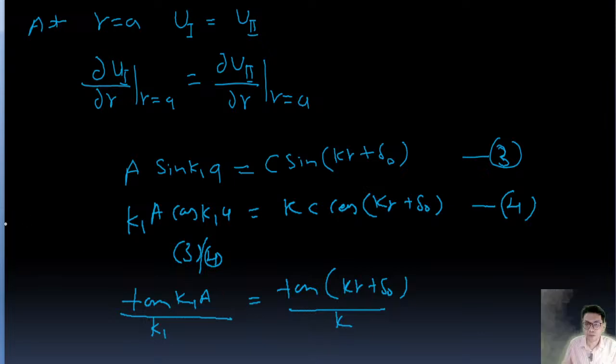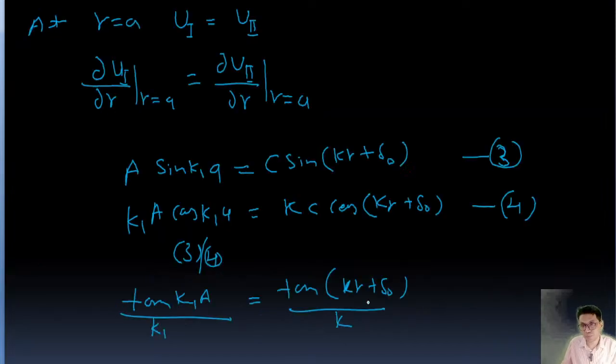So this value is going to be tan ka plus tan delta naught. We have just opened this formula, tan(a+b). We have taken this on the right hand side and then opened it: tan delta naught upon 1 minus tan ka into tan delta naught.